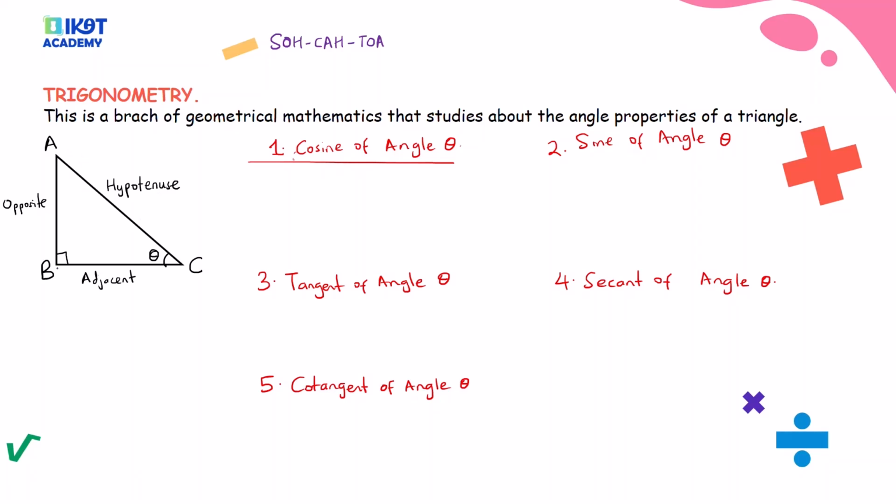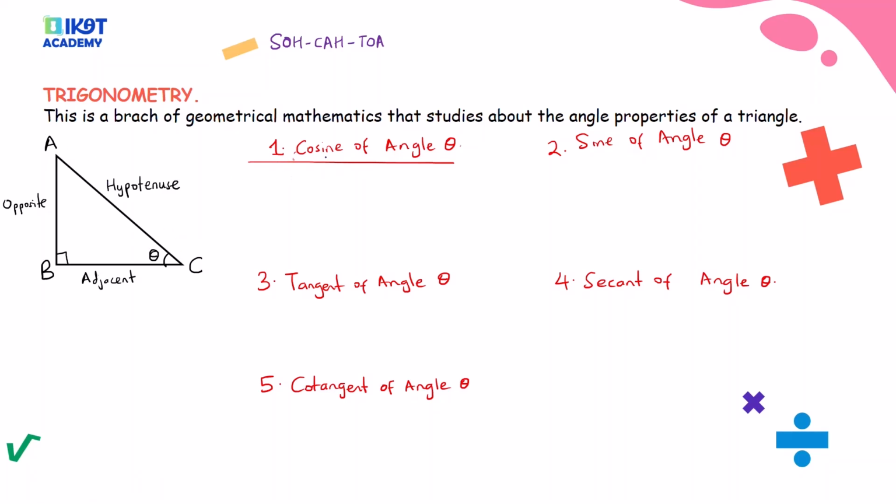So we are considering a triangle ABC, and considering angle theta, this is the adjacent of this angle. This is the opposite of this angle because it is opposite this angle. This is a right angle triangle. Then this is the hypotenuse, the slanting side of the triangle.